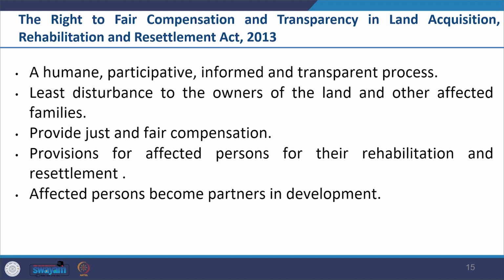So that is what the Act states, and it would provide just and fair compensation. So it talks about the just and fair compensation to the affected families whose land has been acquired or proposed to be acquired or are affected by such acquisition.